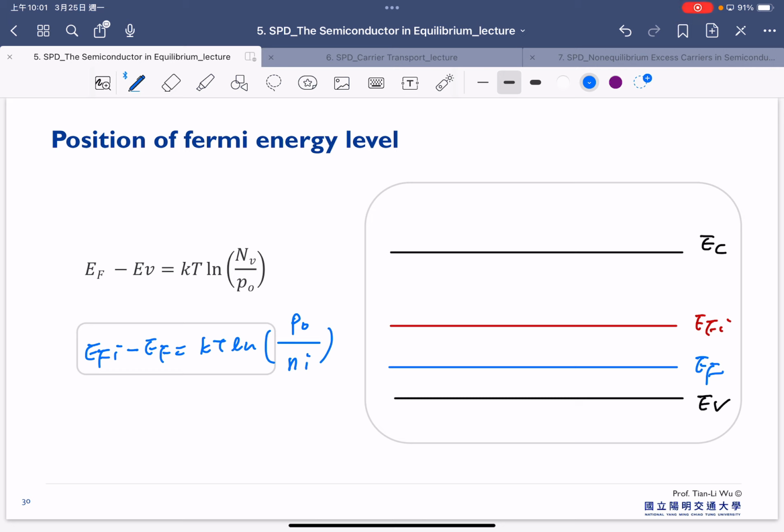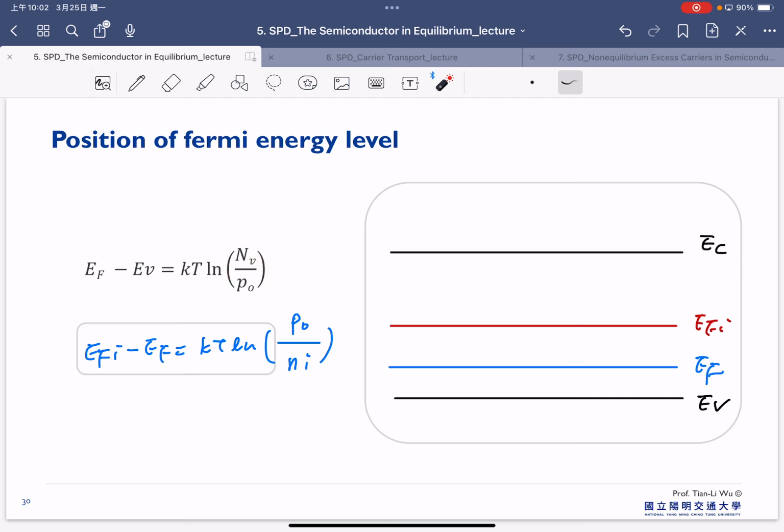Of course it's not necessary to memorize the equation, but at least the main physics concept is that your Fermi energy is determined by your concentration. If our EF is close to EV, this term is smaller, and if this is smaller, then this is larger.